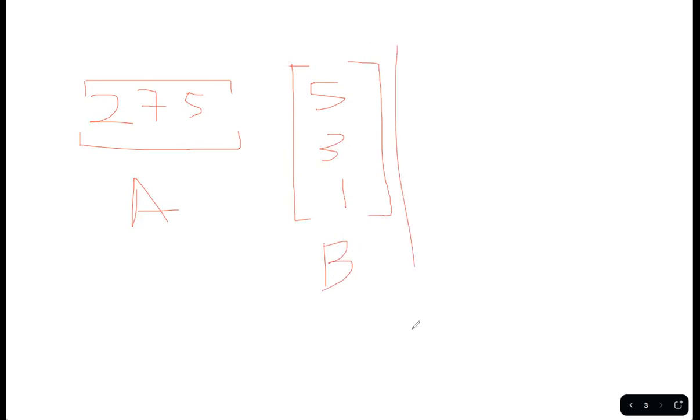So who can tell me, can they be multiplied? I think they can be multiplied. Why do you think so?